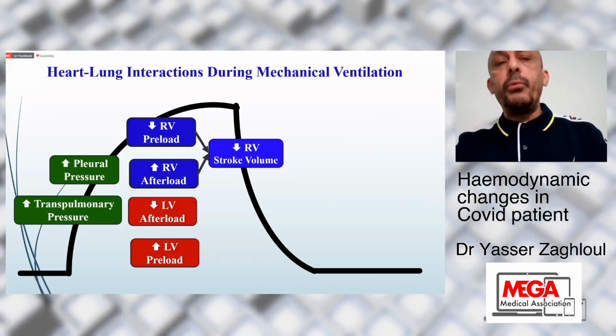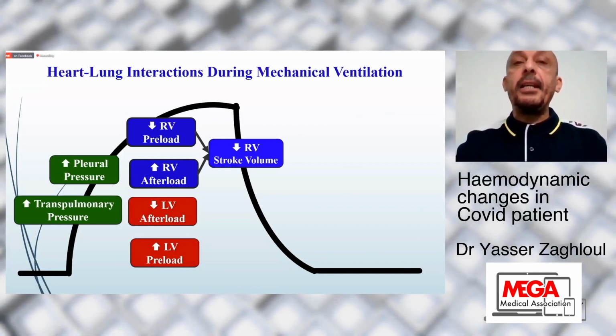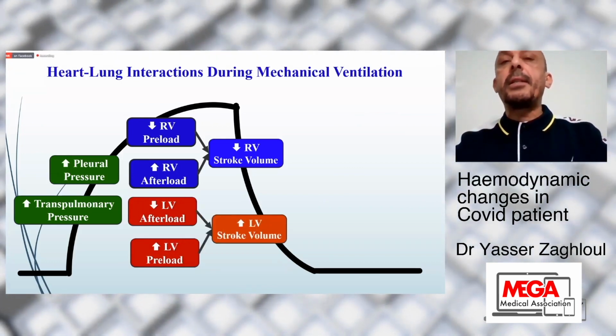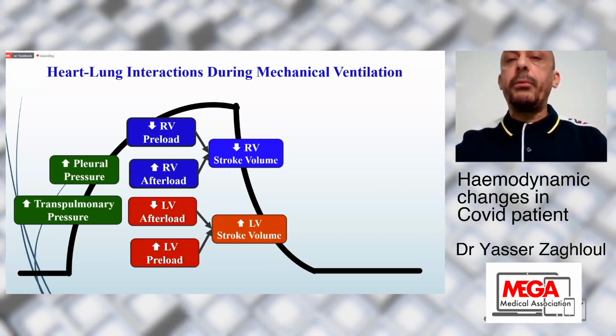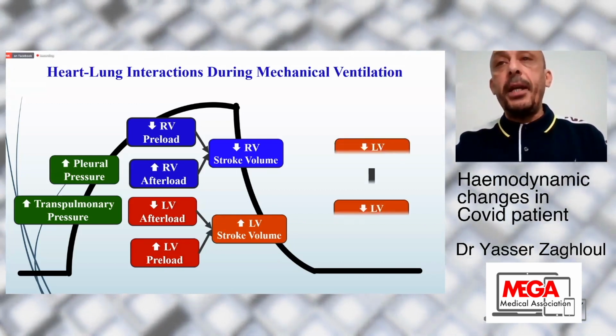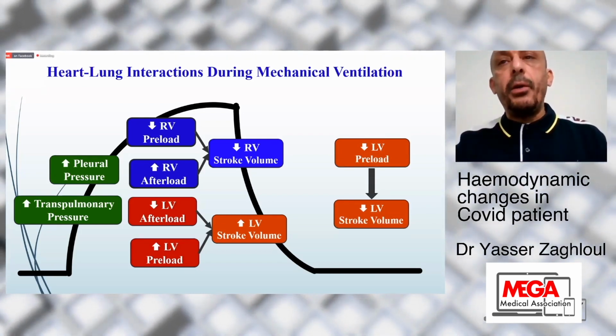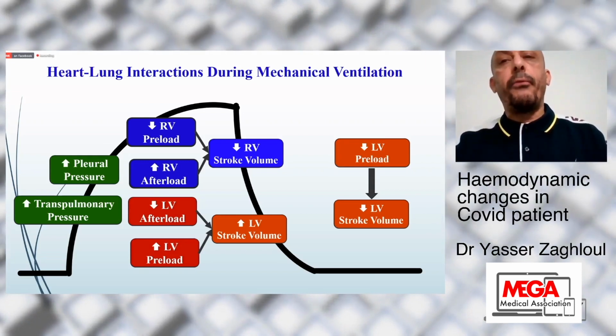On the left side, we have a reduction in the left ventricular afterload and an increase in the preload. So there is some increase in the left ventricular stroke volume. This is during inspiration. During expiration, the reverse happens: reduction in the left ventricular preload and a decrease in the stroke volume.